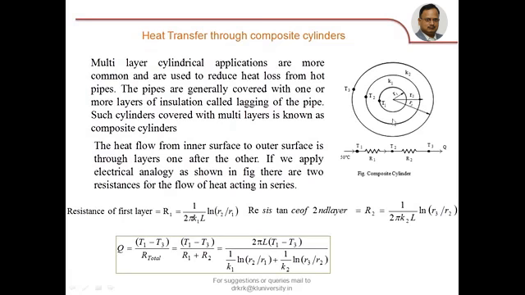Sometimes with one layer of insulation and sometimes with two layers of insulation. So imagine there is a pipe which is covered with two layers of insulation, each layer having thermal conductivity K1 and K2.